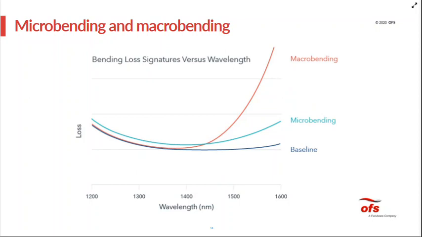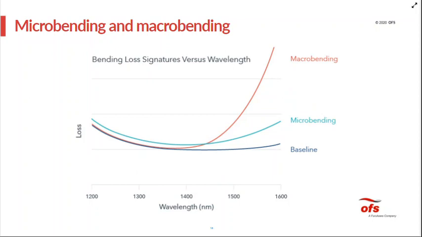So there are some bend loss signatures that can contrast macro bending versus micro bending. The intent isn't to get into depth as far as what those are, assuming the audience knows some of the differences. But compared to the baseline, if you see micro bending in cables, you often see an elevated loss throughout the wavelength range, with a little bit of increase in the 1500 nanometer wavelength band.